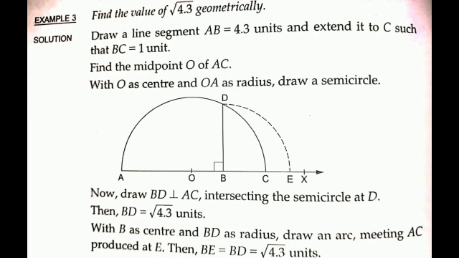With B as center and BD as radius, draw an arc meeting AC produced at E as it is shown here. Then BE is equal to BD, and that is equal to root under 4.3 units. It means the length B to E will give us root under 4.3 units.